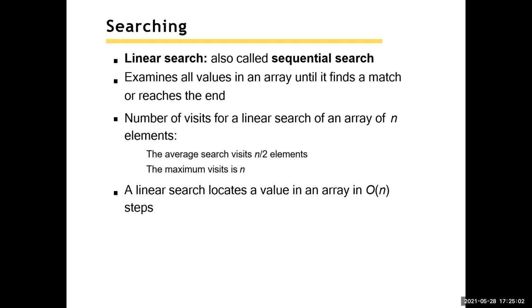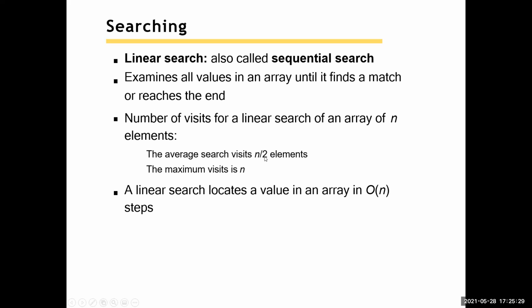And the whole idea of doing the sorting is that we're going to have a better search algorithm. The worst scenario for searching was linear search. With linear search, the best scenario would be the first element: I found it right away. The worst scenario would be the last element. So on average, it's going to cost me n divided by 2.